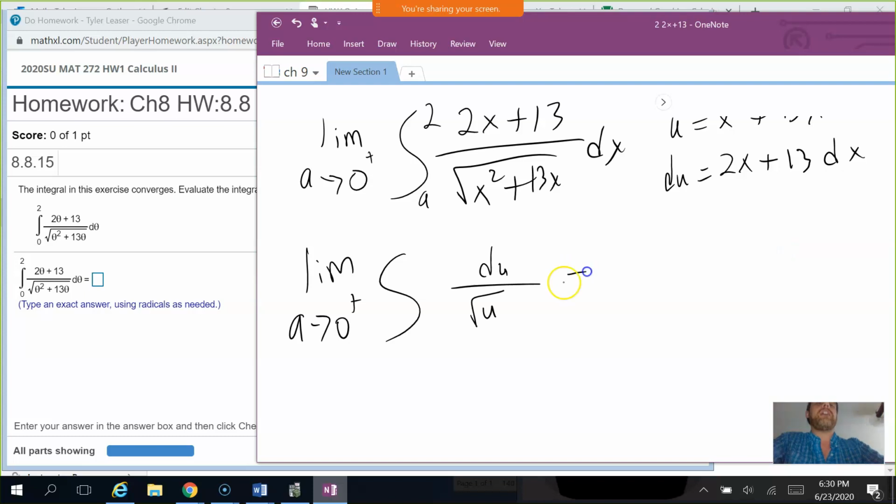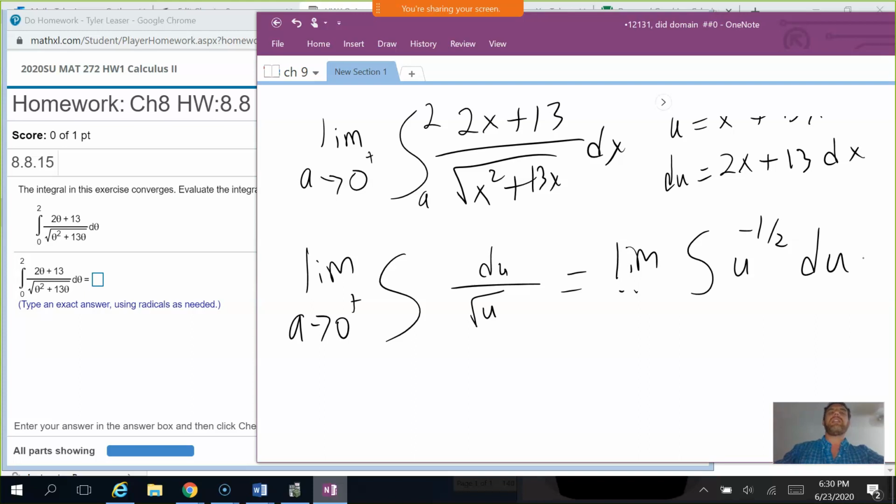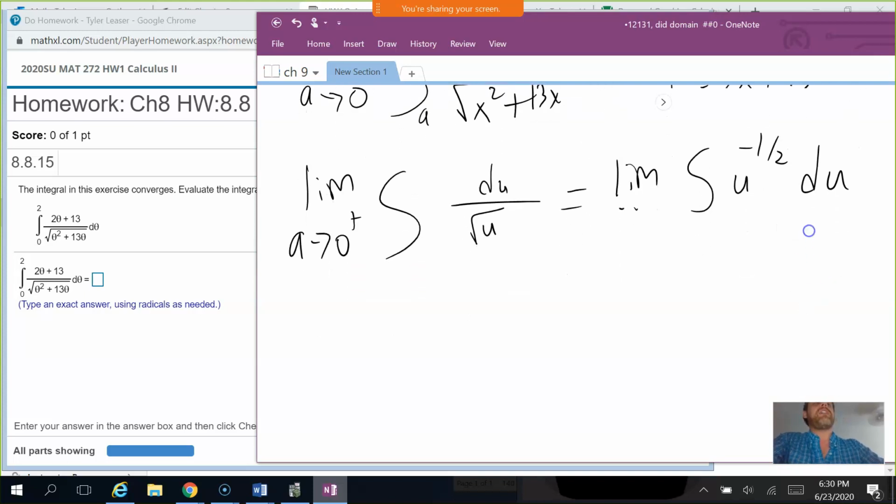You can think about this as being that same limit, this time the integral of u to the negative 1/2 du. I like looking at these as being fraction exponents instead of square root exponents. It's easier for me to do it in my head. So now the antiderivative here, that negative 1/2 is going to raise up to positive 1/2, and then we'll divide.